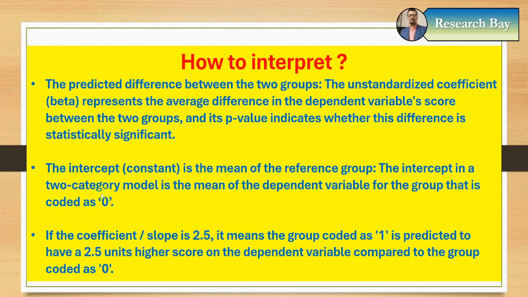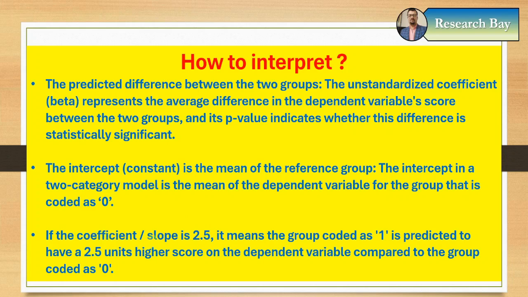So, the reference category is male because that is coded as 0, and you have included the female category in the regression model. So, the intercept value which you will be getting is the mean of the dependent variable for the male group. You will understand it better once I show you the practical, so stay tuned, keep watching.